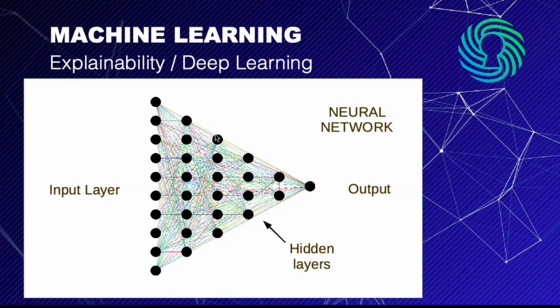Now there are ways of pulling the data out and understanding how this works, but on its face, it's unexplainable because these are hidden layers. There are decisions going on in these layers that we don't have access to. All we know at this point is the input and the output. It is literally a black box. So that is really the two different extremes, if you will, of explainable and non-explainable.